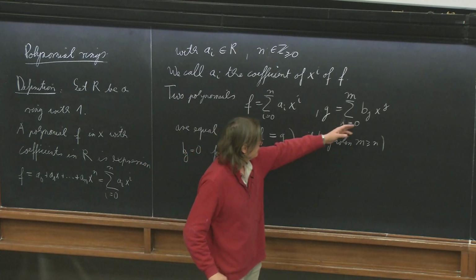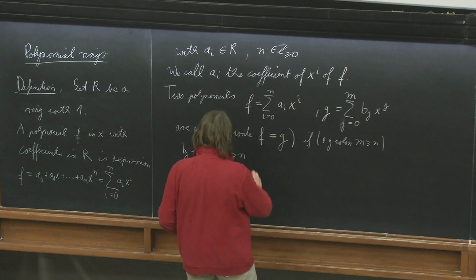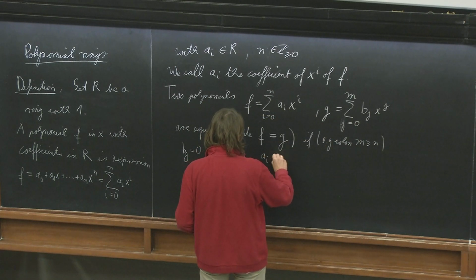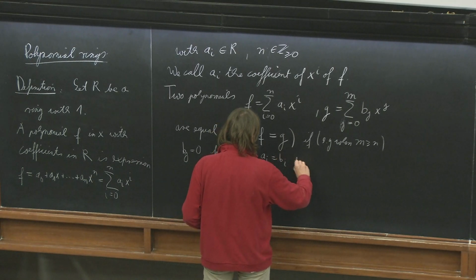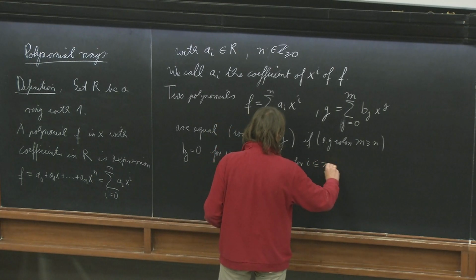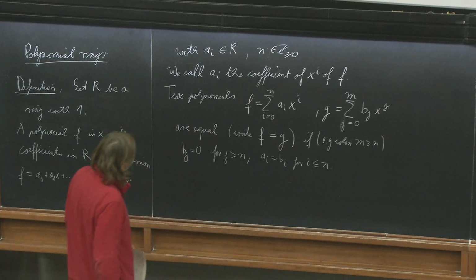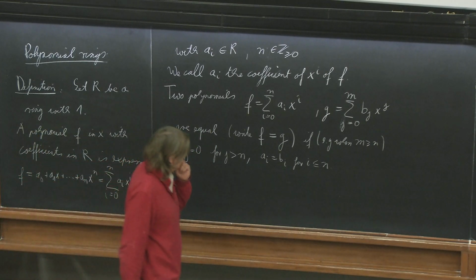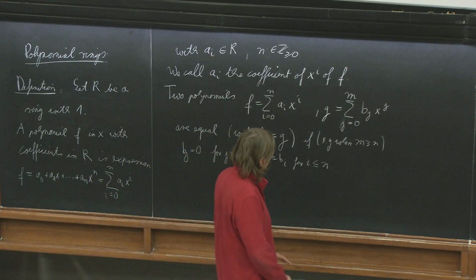So all the extra terms are just 0. And the terms before are equal: ai is equal to bi for i smaller or equal to n. Okay? So for me, a polynomial is just such an expression.